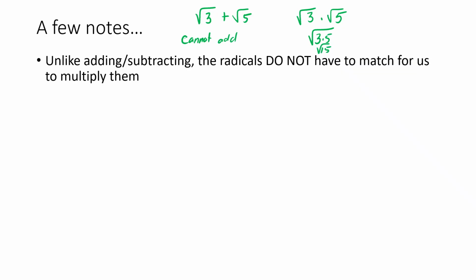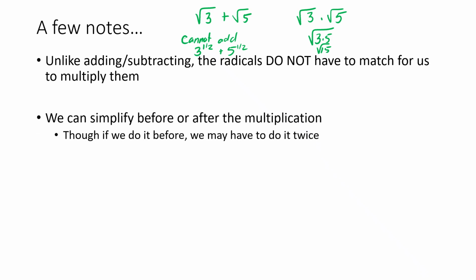And now that we've looked at it in terms of exponents, we can make some sense out of that. If you were to change these over to exponents, you'd have 3 to the 1/2 plus 5 to the 1/2, and we can't add exponents of unlike bases. It simply does not work.